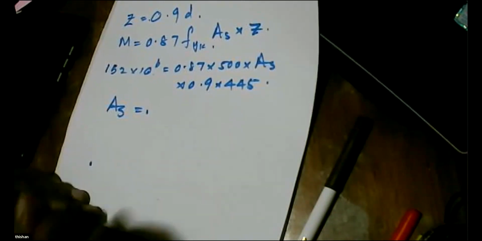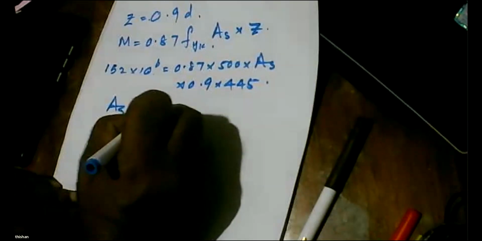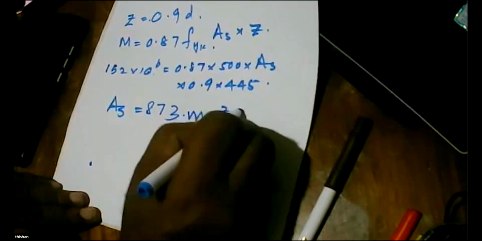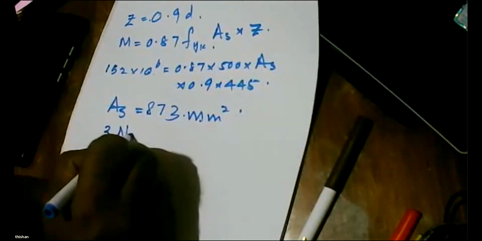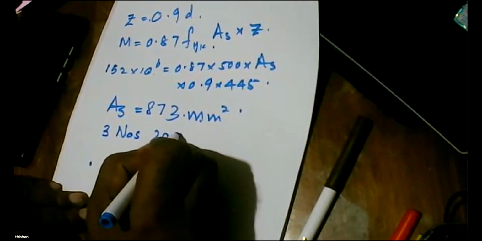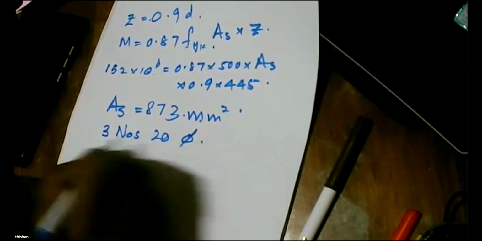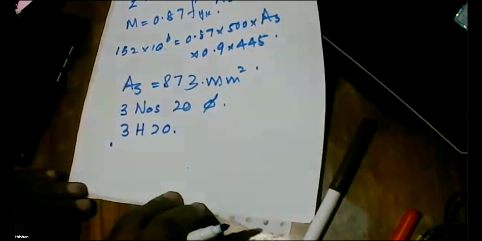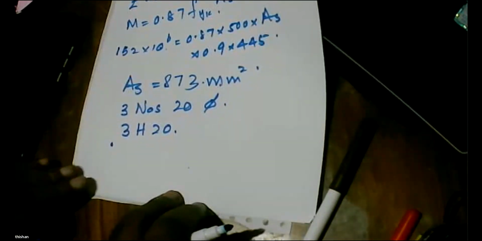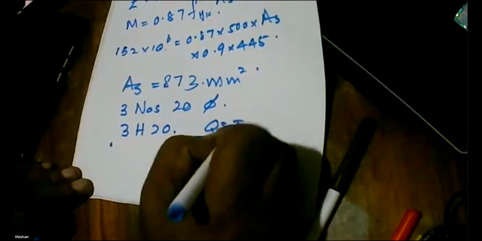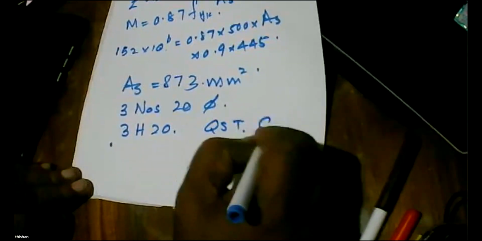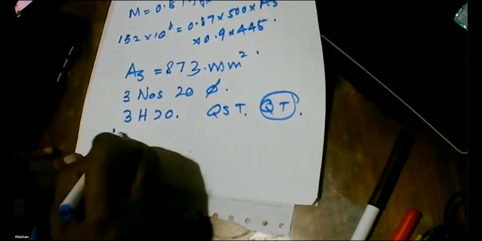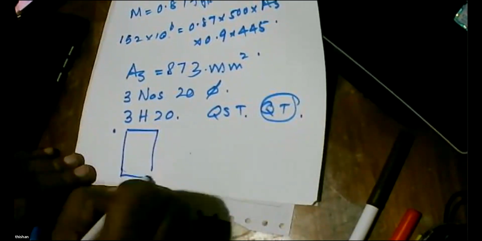872.47, so 872.73 millimeters squared. So you provide three numbers of 20 diameter, 3H20. And we call it H, not T, because they are high yield QST bars, quench and self-tempered bars, so QST bars in shortened form.